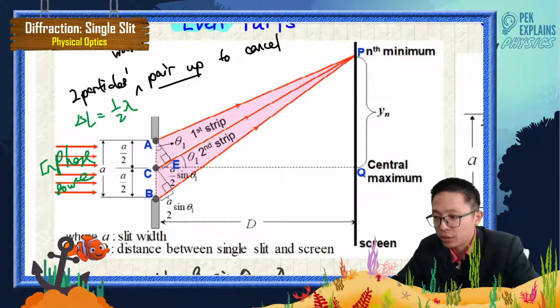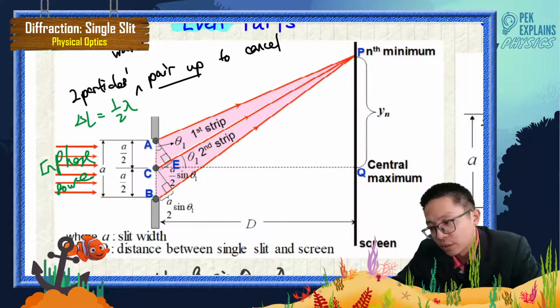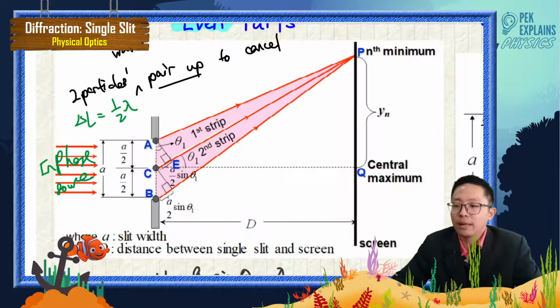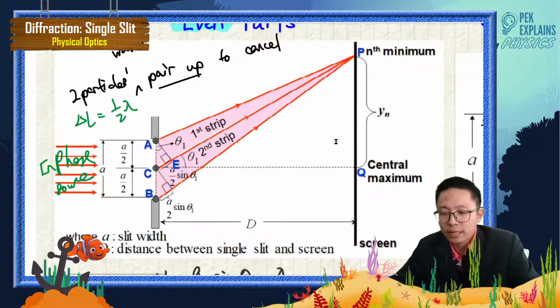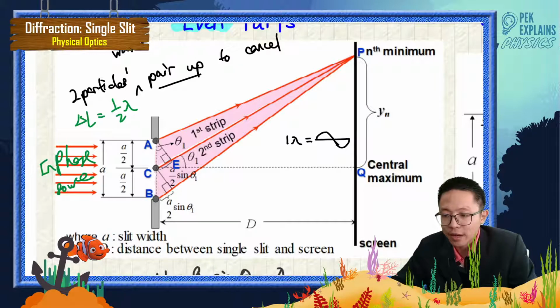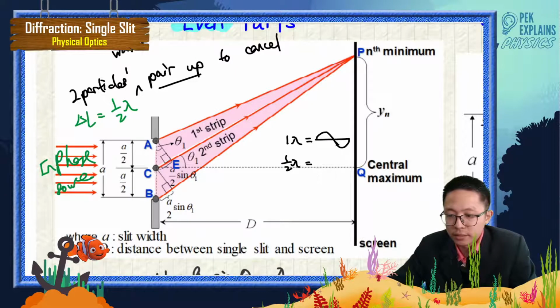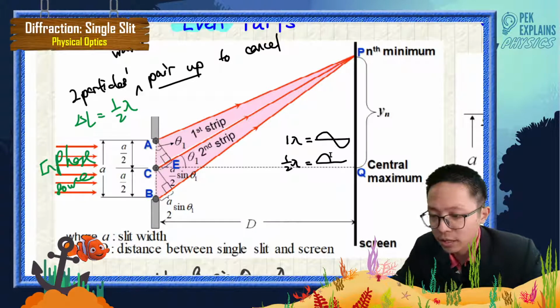So I can draw maybe over here. Half lambda means, you know, 1 lambda is how big? One lambda is like that, isn't it? If half lambda, you can just see half of it. This is half lambda.